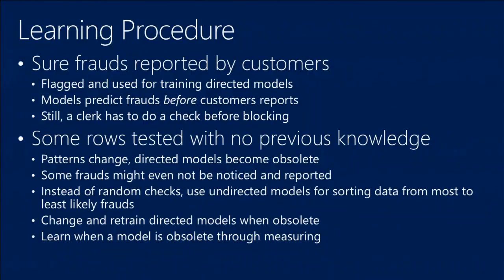So after that, you can start developing these directed models. And as I said, it also makes sense to check these transactions with undirected models. You also get some lift from the random checking.